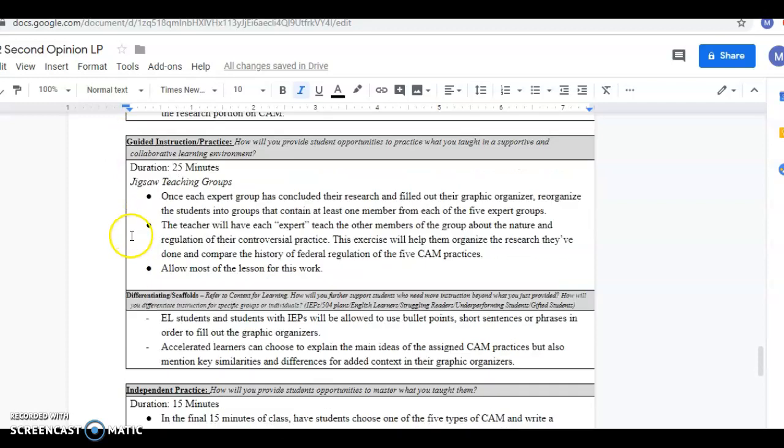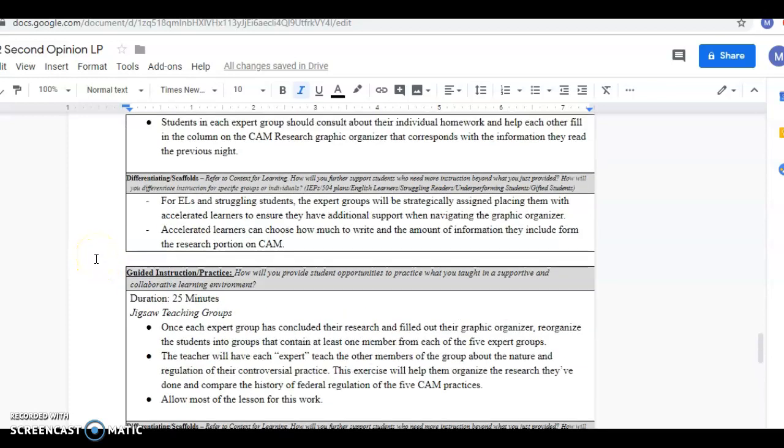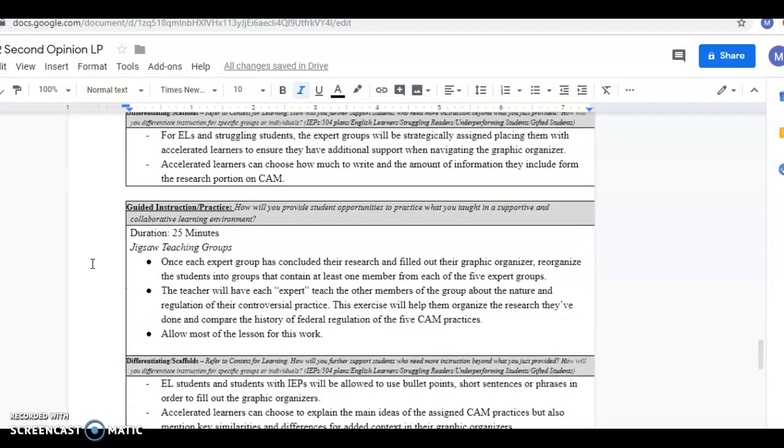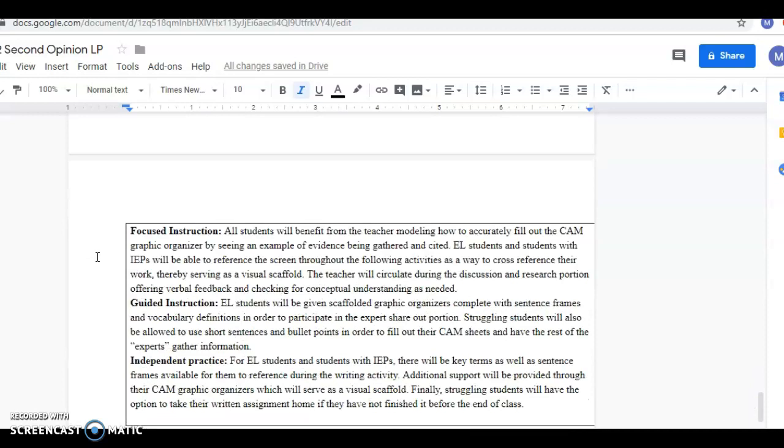So I have some scaffolding here. EL students and students with IEPs will be allowed to use bullet points, short sentences, and phrases. There's also going to be sentence structures, and for struggling students to be able to fill out the graphic organizer correctly, the teacher is going to model that for them.